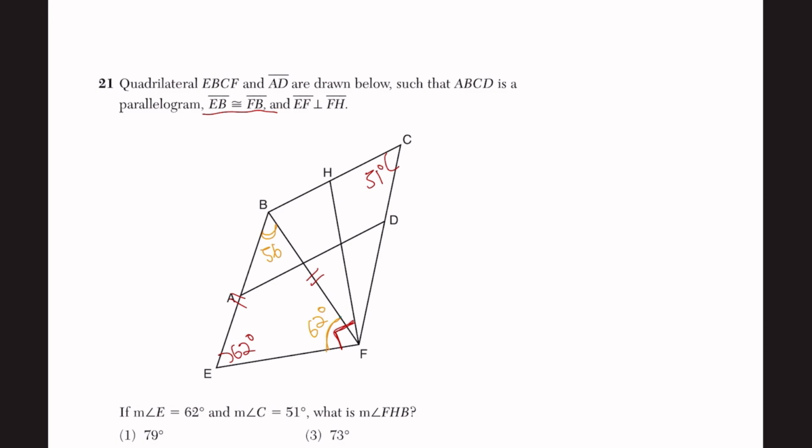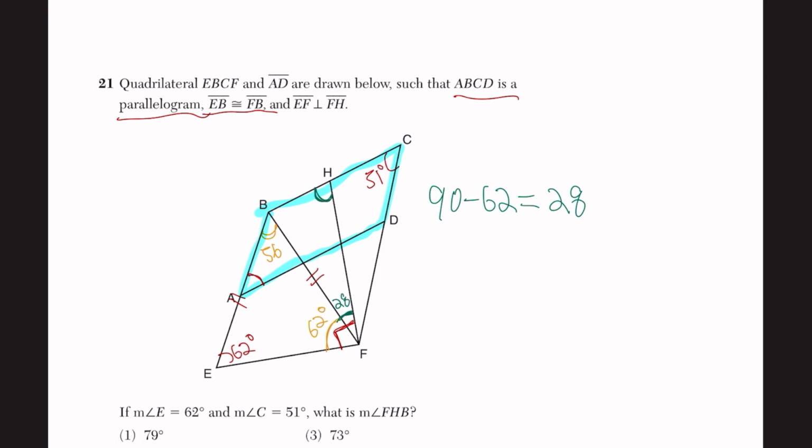We can also go here and find out what this angle is just by doing 90 minus 62, which is equal to 28. So this angle right here is going to be 28. And remember, we're trying to find this angle right here, right? Looking back at what's given, it says that ABCD is a parallelogram. So this shape right here is a parallelogram, which means that opposite angles are going to be equal to each other.